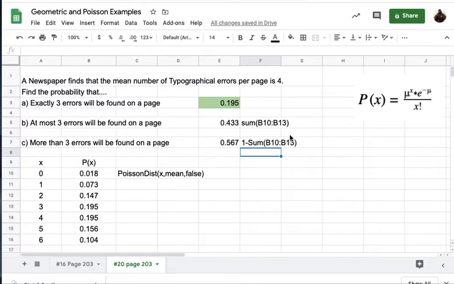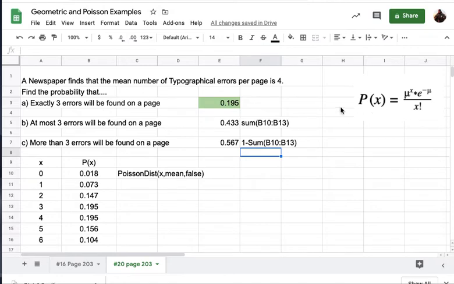You could have also done these, at least this one here, using Poisson distribution and typing true. So if you would have input Poisson distribution, x value of 3, mean of 4, and type the word true, we'll go ahead and give it a shot.